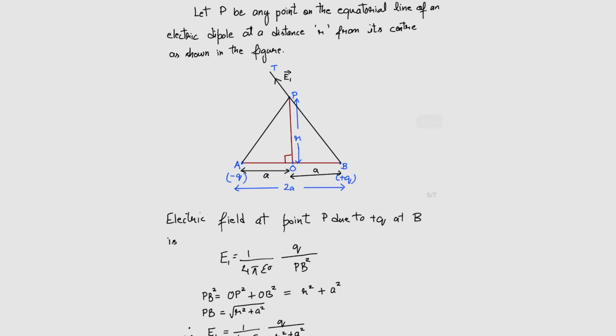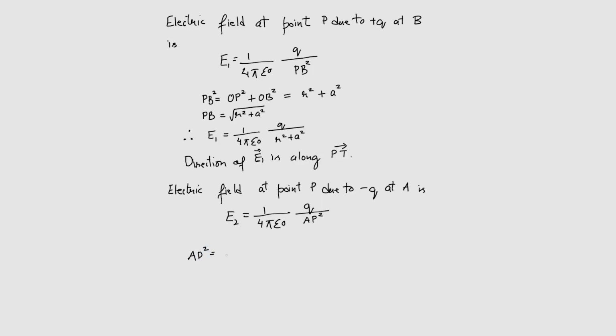So therefore, AP squared is equal to OP square plus OA square. OP square is R square plus OA square is A square. In other words, AP is also root over R square plus A square.